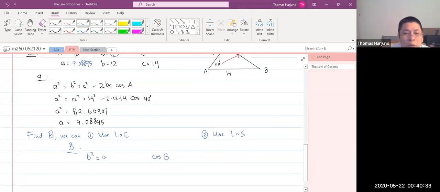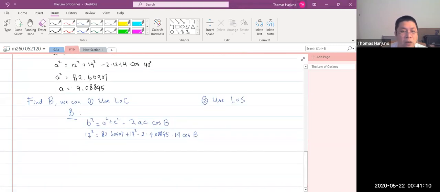So then it will be A squared plus C squared minus 2AC cosine B. Is it right? Yep. And I plug that in. This is 12 squared plus my A squared, I already have that earlier, plus C squared, which is 14 squared, minus 2 times A, which is 9.08895, times C, which is 14, cosine B. Now that's what I compute.